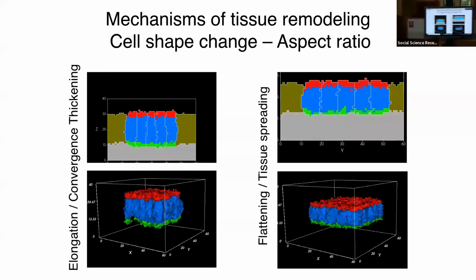And if we increase this link's target length, we can make the cells elongate or shrink, so you can control the aspect ratio of the cells.